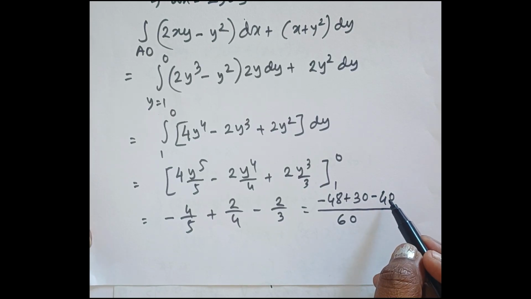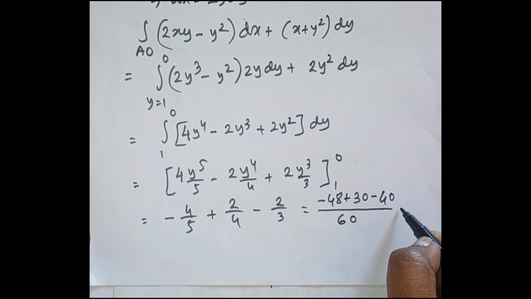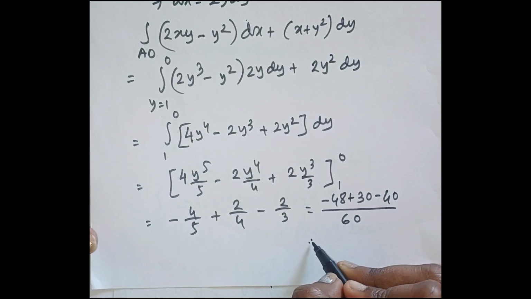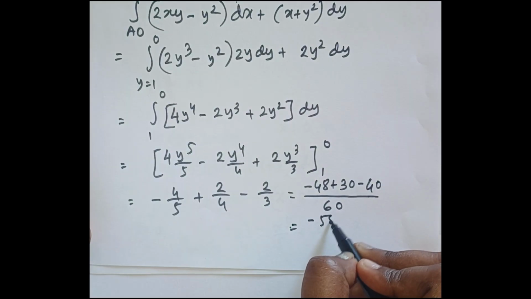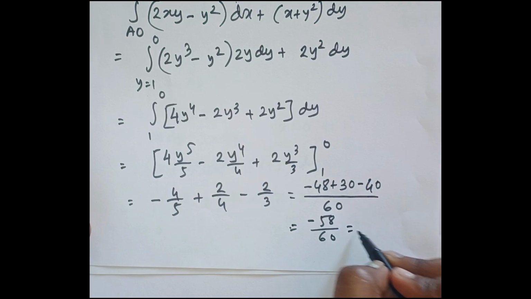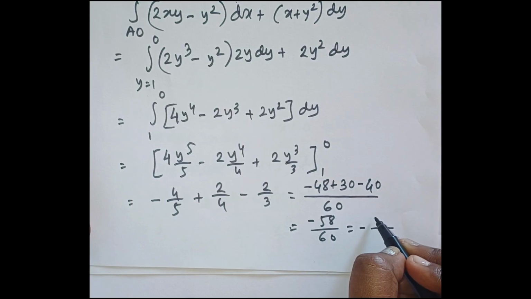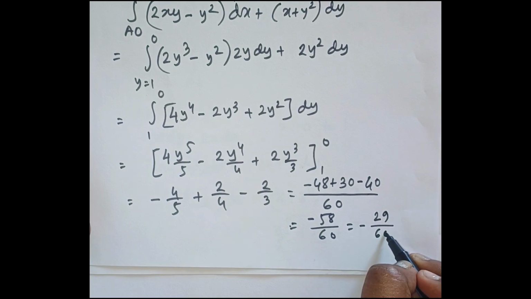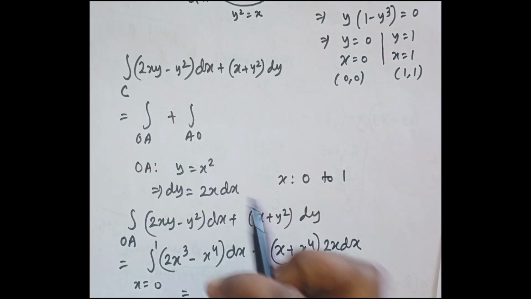So after calculating, we can have the value for this. It will be minus 58 by 60. So minus 29 by 30, because we are dividing by 2.